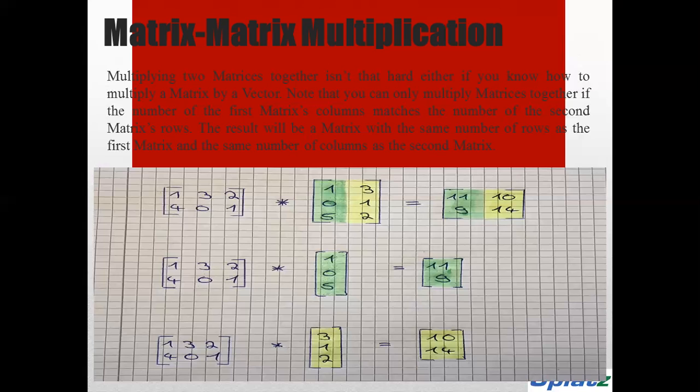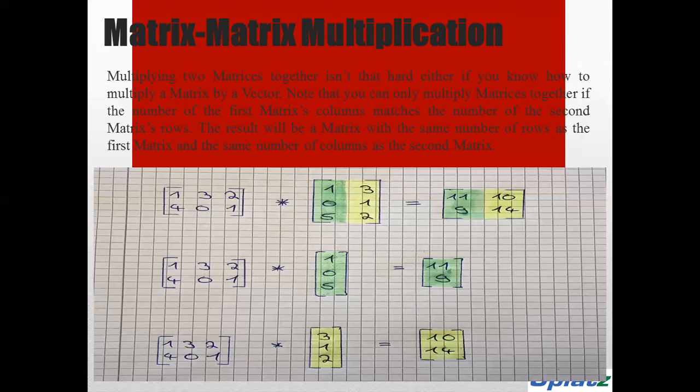You can see in the first example, the number of columns in the first matrix is 3, and the number of rows of the second matrix is 3, which is compatible. So this is the first condition, and the result will be a matrix with the same number of rows as the first matrix and the same number of columns as the second matrix.